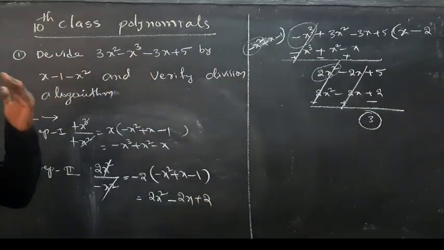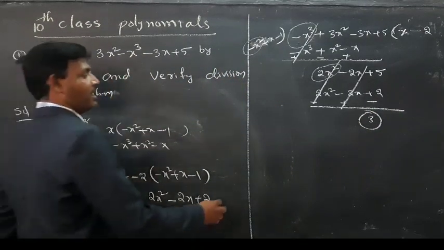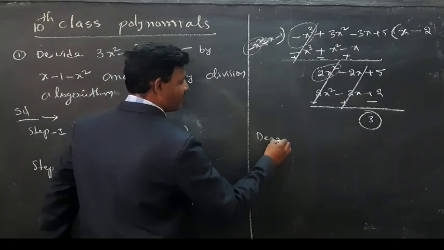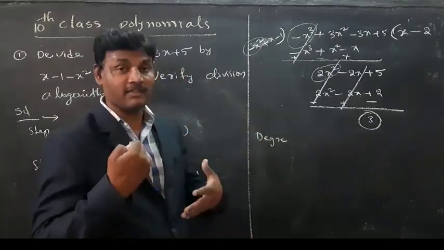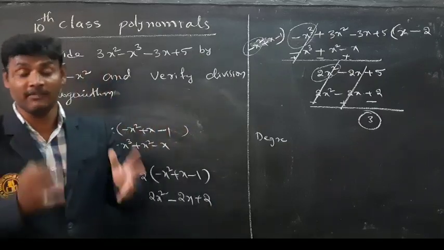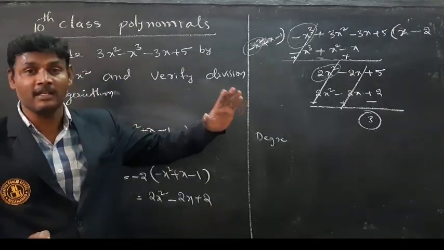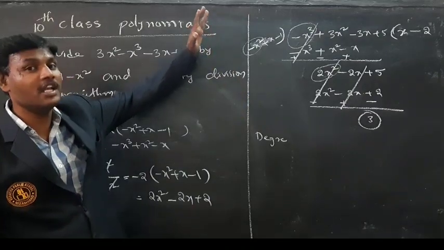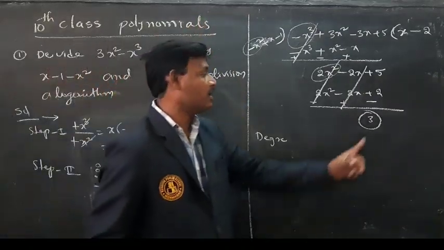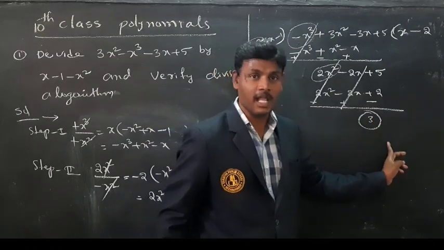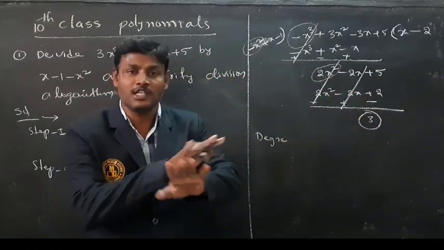So how can we decide 3 is the remainder? In division of polynomials, we have to stop the division when the degree of the remainder is less than the degree of the divisor. If you get the degree of the remainder less than the degree of the divisor, you can stop.